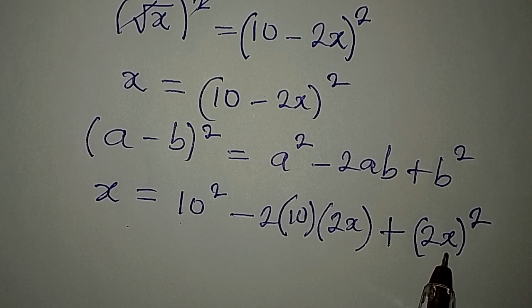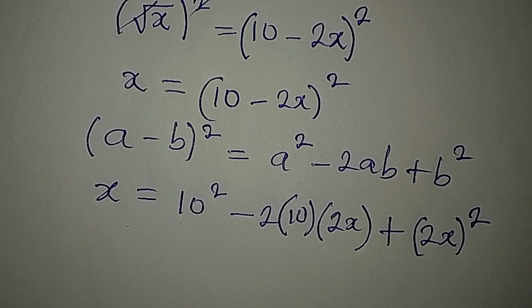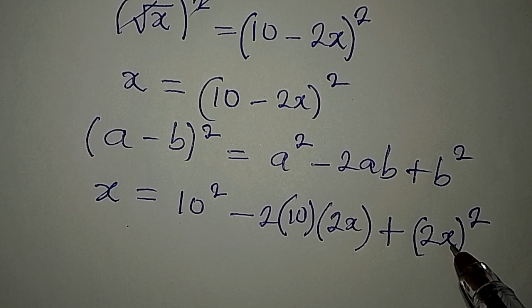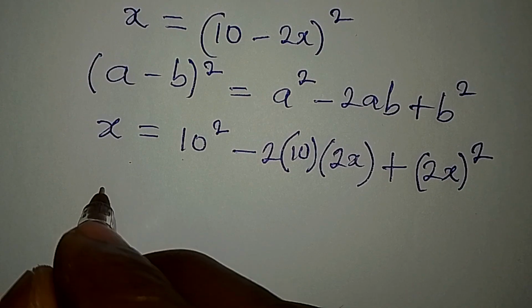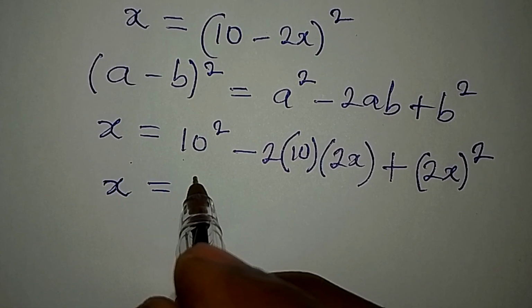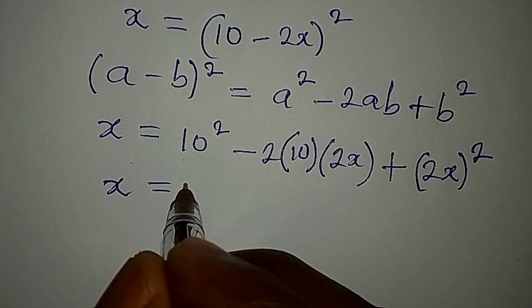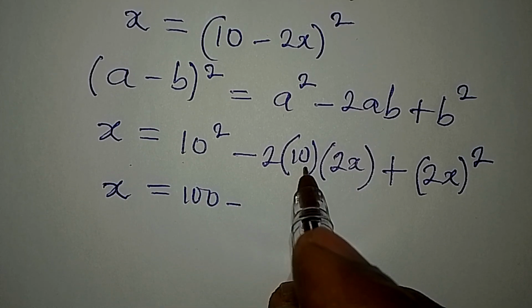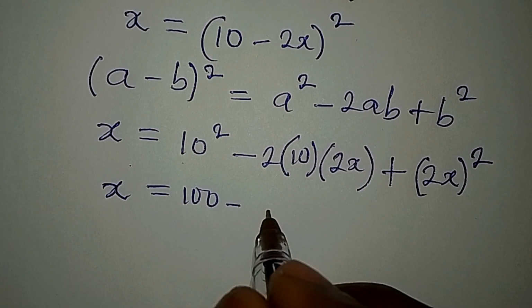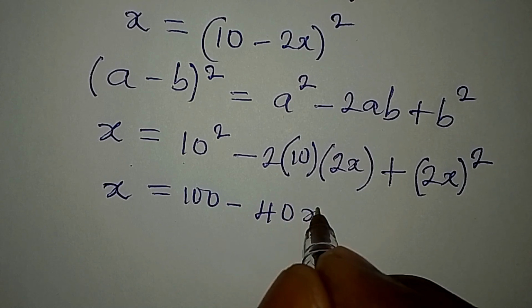If you don't put this bracket here, it means that only the x is having the power of 2. To continue, our x will be equal to 100. 10 squared is 100 minus 2 times 10, 20 times 2 again, we have 40x.